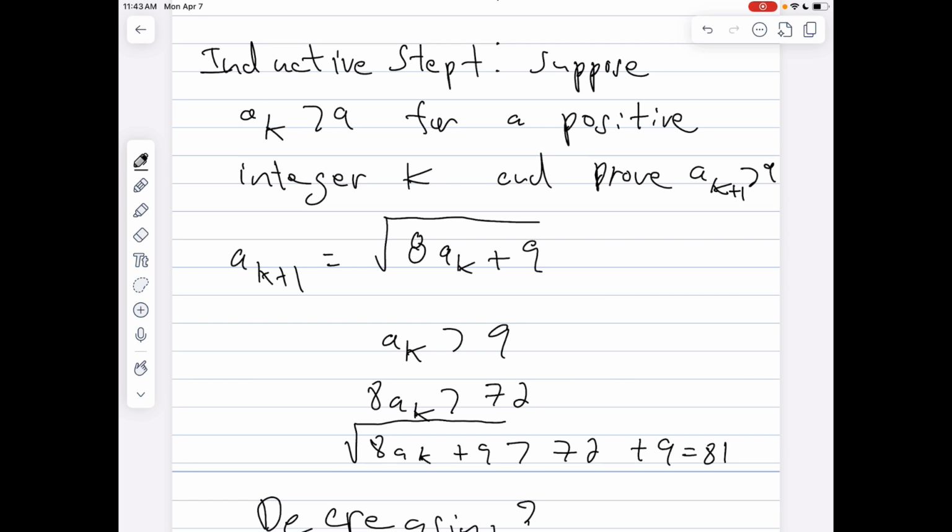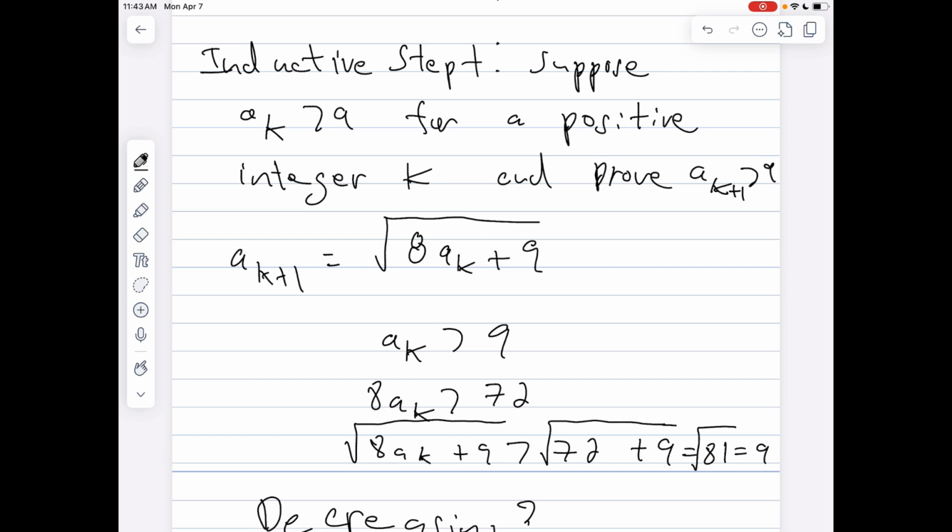The square root, if you look at it as a function, is an increasing function. So if you take the square root of something that is greater than something else, that order still holds. So the square root of 8 a sub k plus 9 here would be greater than the square root of 72 plus 9, which is 81, and the square root of 81 is 9.